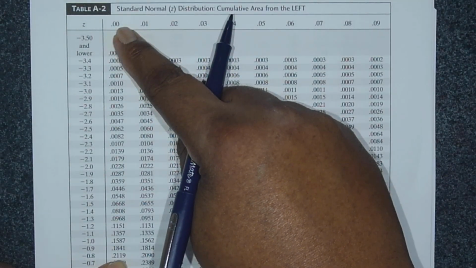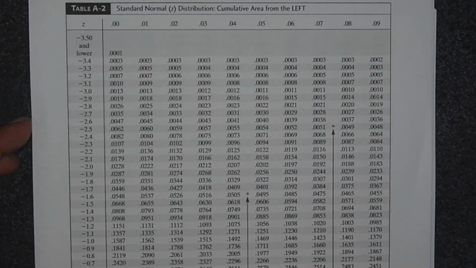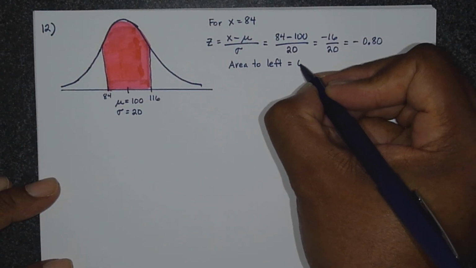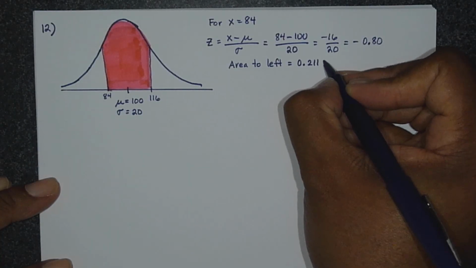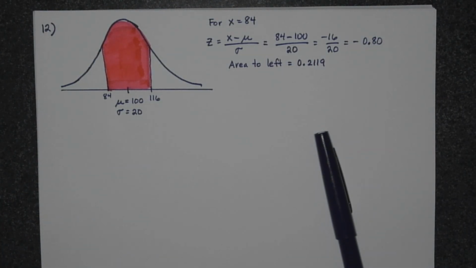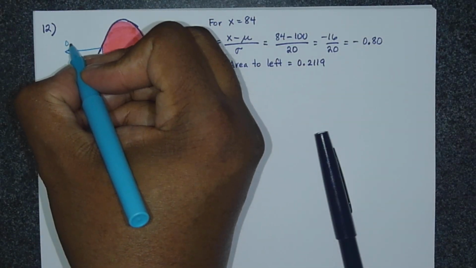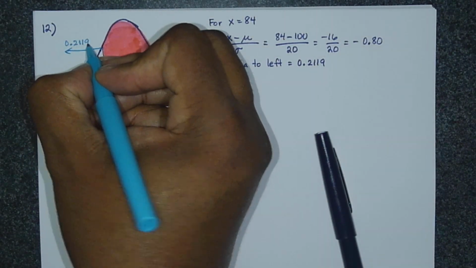What would that decimal value be? 0.2119. And that represents this area to the left, 0.2119.